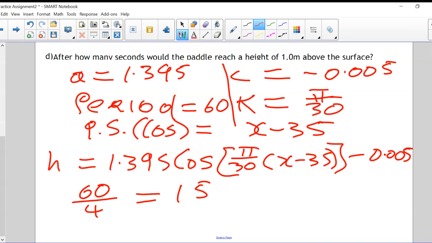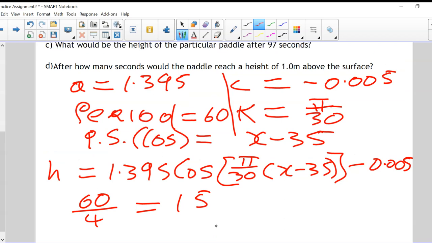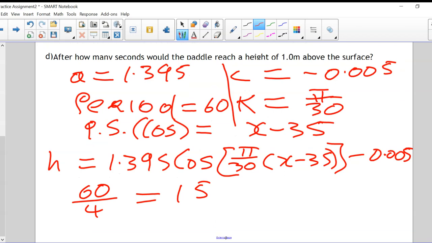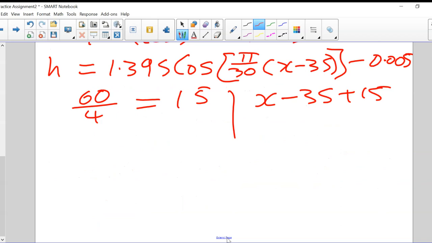So we're going to take the x minus 35 and add 15 to it. So Kayla is ahead of us and says it's x minus 20. So now I'm ready to write my sine function.